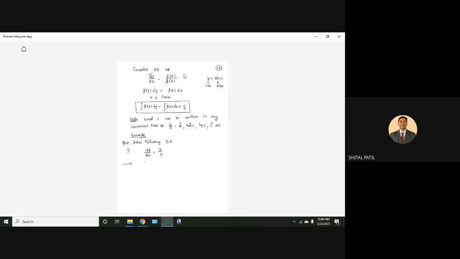Let's separate the variables: y dy equal to x dx. Variable separable form. Okay, integrate this. Right, integrating on both sides.